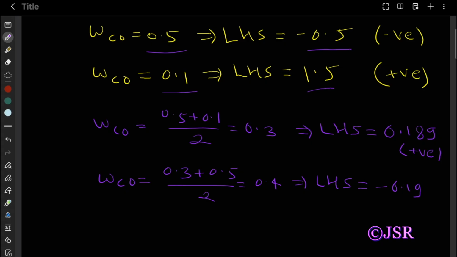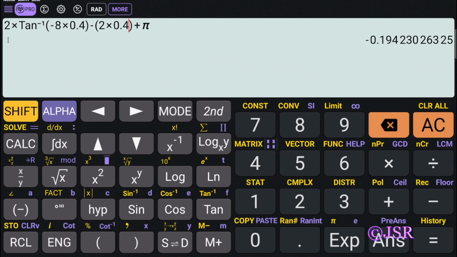Replacing 0.3 with 0.4, we are getting minus 0.19, and at 0.3 we are getting positive. So the root will lie in between. So let's use omega CO equal to 0.35 radian and find out the function value at this point.